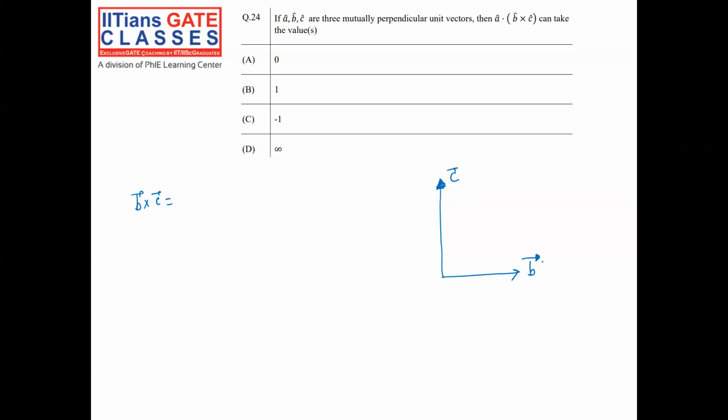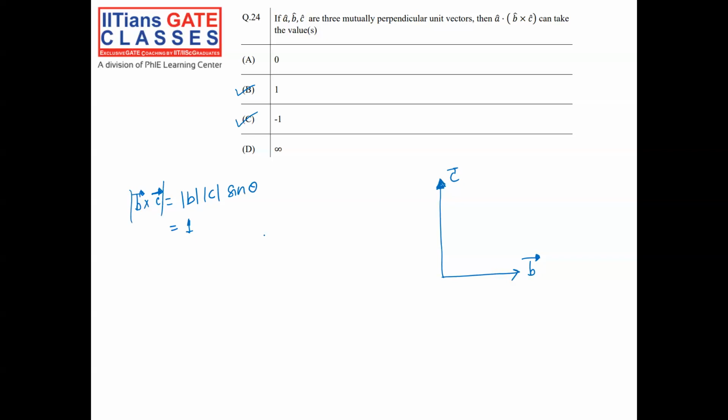Considering that, we can say in this case options B and C are correct, because the magnitude of that cross vector will be 1. Let me just show you here. b bar cross c bar is mod b into mod c into sine of theta, and the mod values are 1 and 1, so the magnitude will be 1.